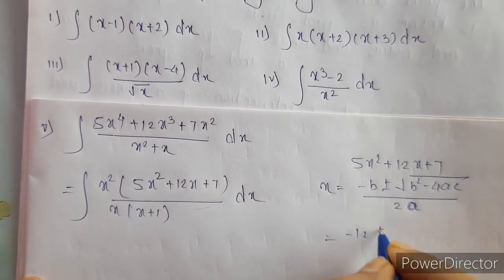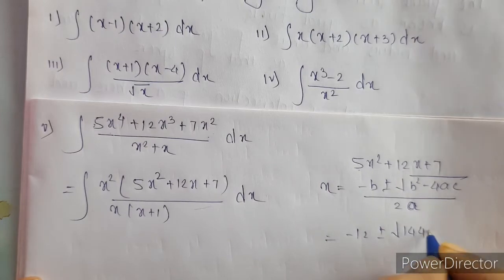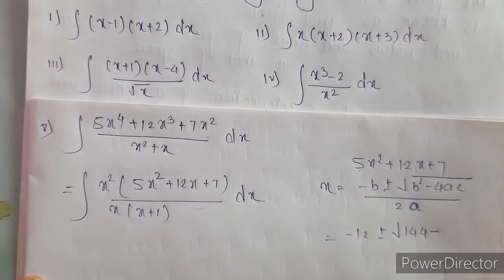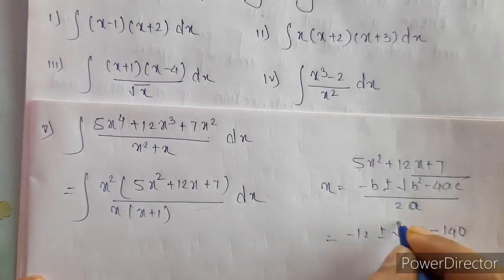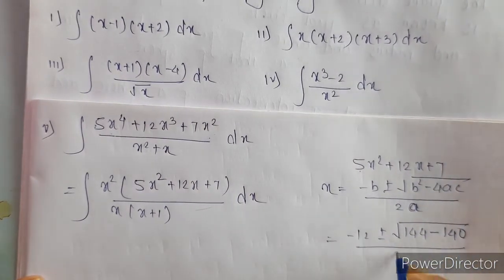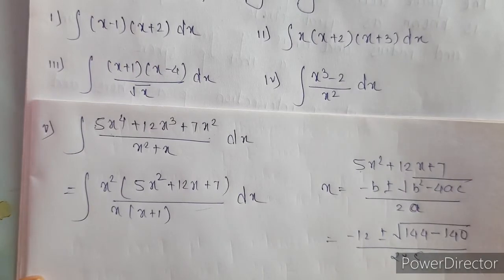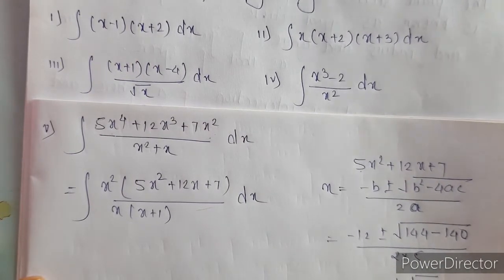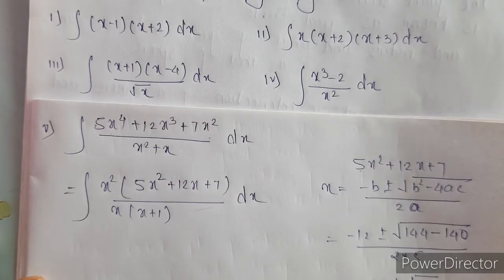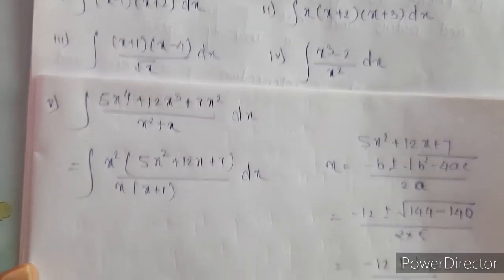So minus 12 plus or minus root of b square, that is 144, minus 4 into 5 into 7, which is 140, divided by 2 times a, so 2 times 5. So here we have minus 12 plus or minus root of 4 by 10. So minus 12 plus or minus 2 by 10.